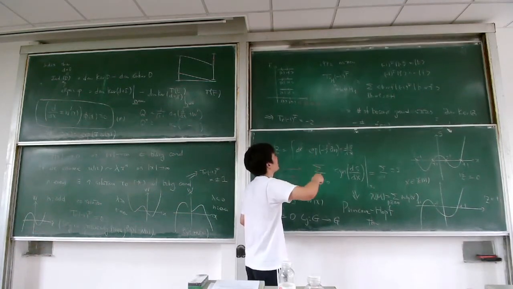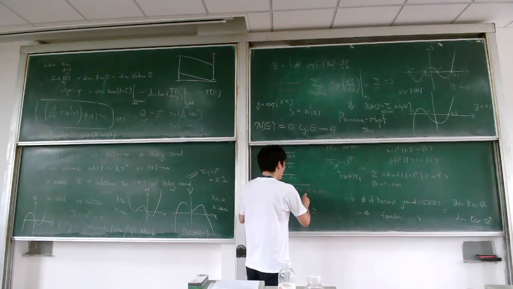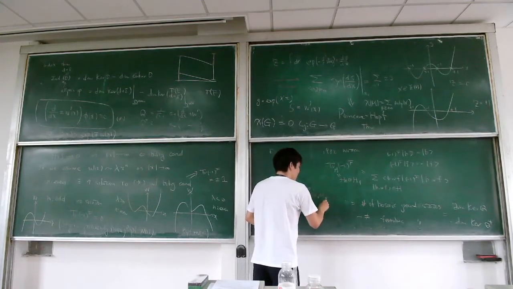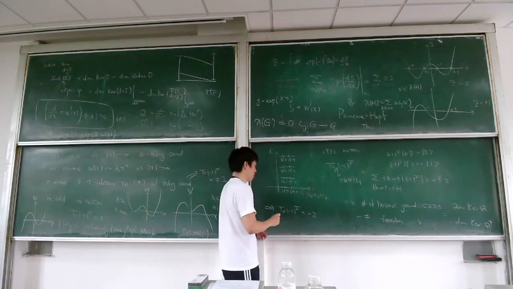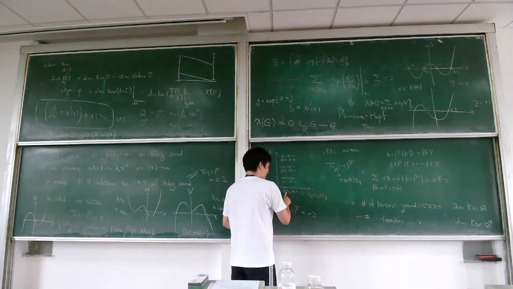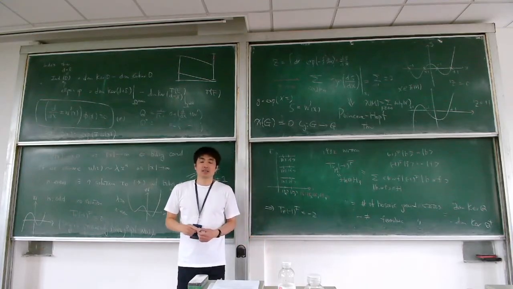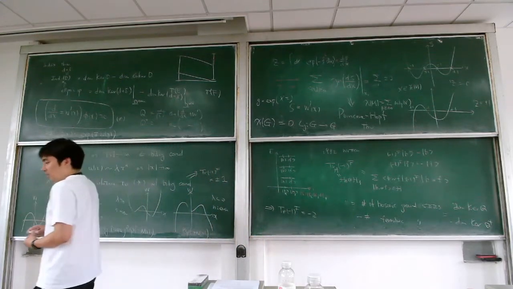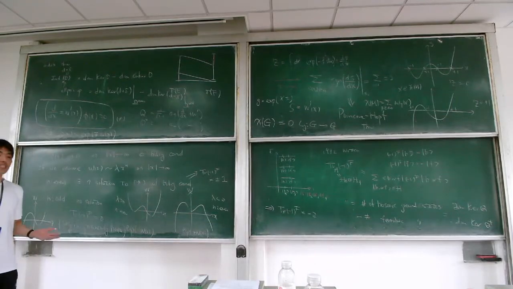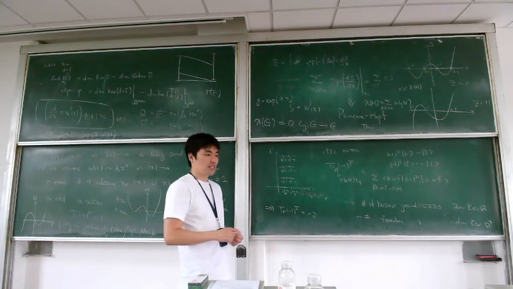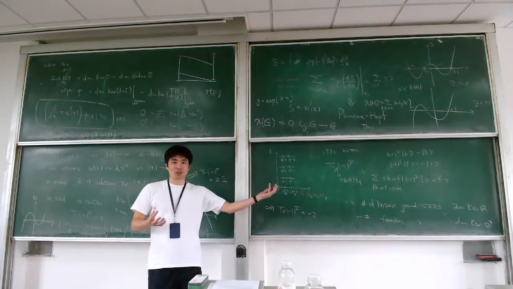They're not the same states. Maybe I should put 1, 2, 3, 4, or maybe I should add A, B. So they are zeros. But they're not the same states. There are some other quantum numbers that distinguish them.